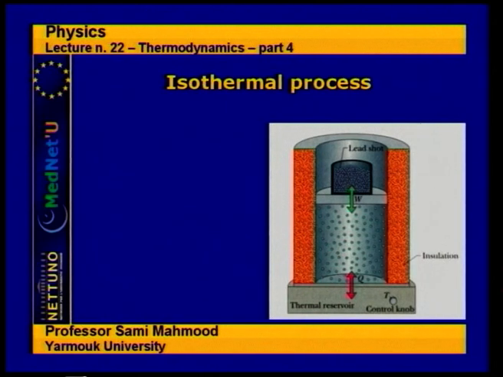So this process can be controlled or done as shown in this figure, where we have a cylinder of the gas situated on top of a heat reservoir of controllable temperature. So we can fix the temperature of the reservoir, and since the gas is in intimate contact with the reservoir, then that temperature will be the temperature of the gas inside the cylinder.